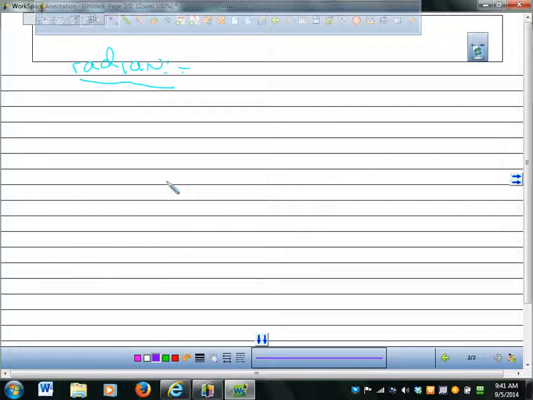So a radian is the measure of a central angle, which is the angle that intercepts an arc S, equal to its radius, okay?